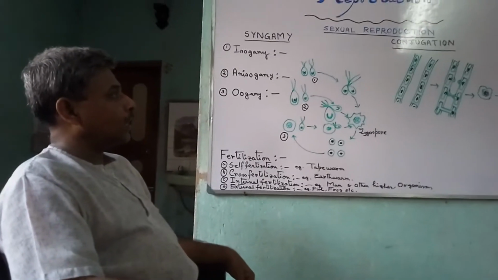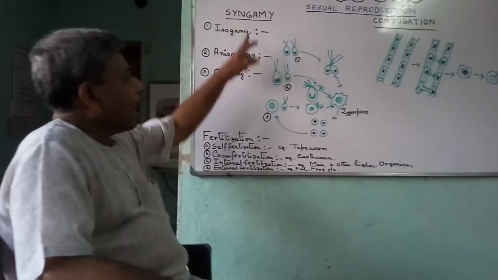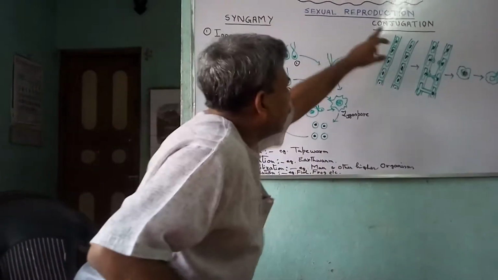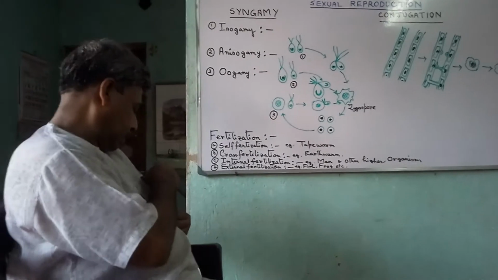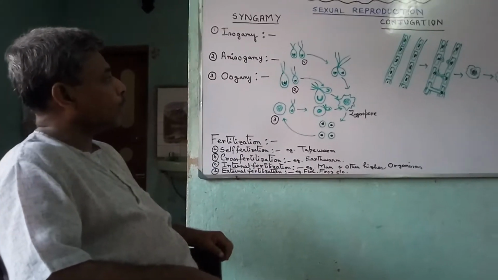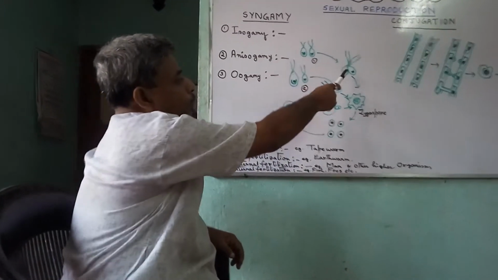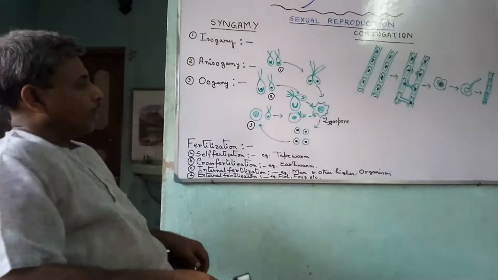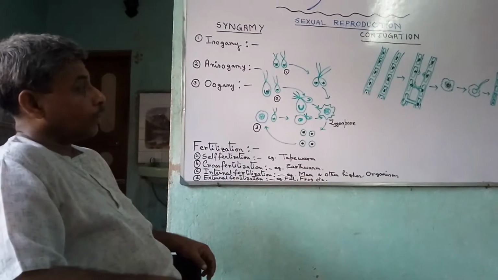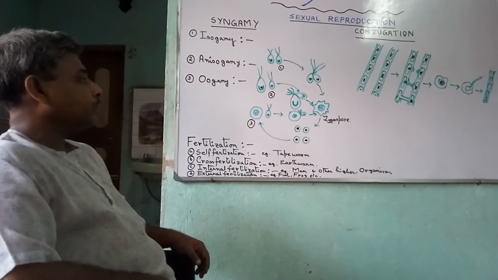Sexual reproduction is of two types basically, syngamy and conjugation. What is syngamy? Syngamy is a type of sexual reproduction where the two gametes get fused permanently.